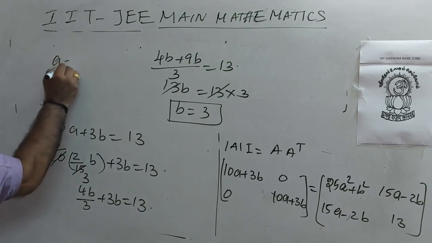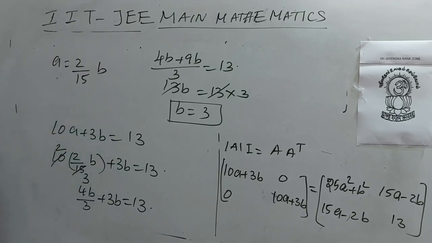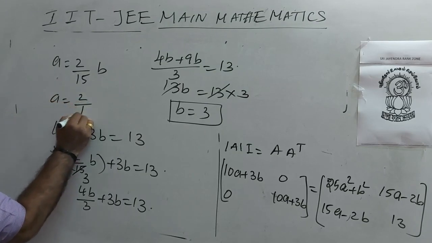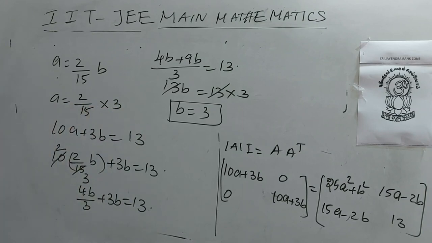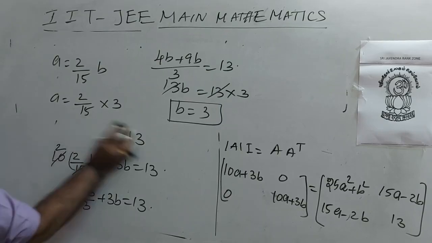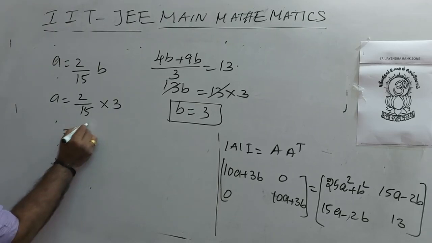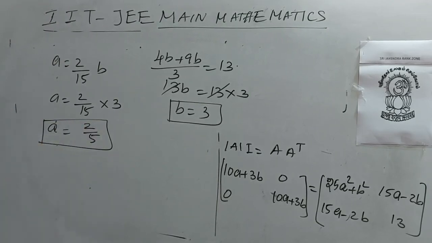So a equal to, from the previous step, a equal to 2 by 15 into b. A equal to 2 by 15 into 3. That is 2 by 5. A equal to 2 by 5.